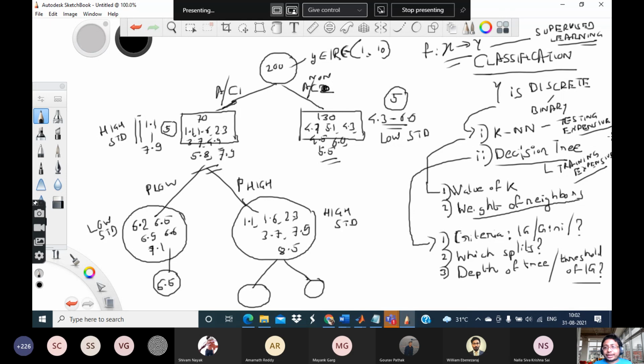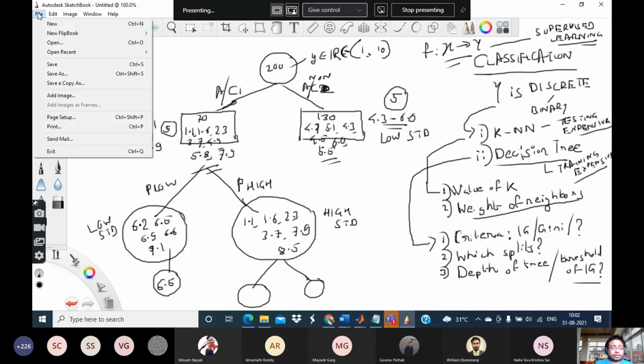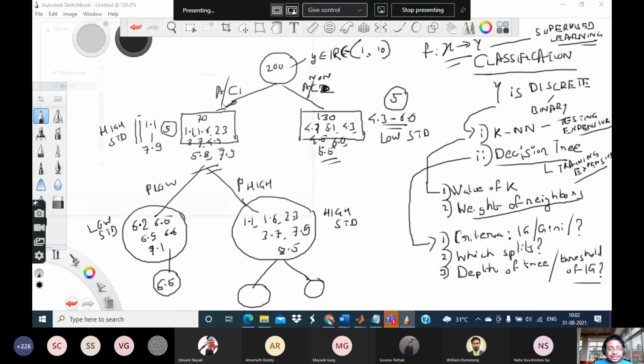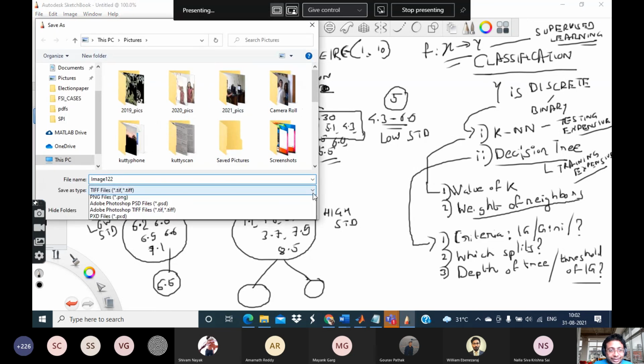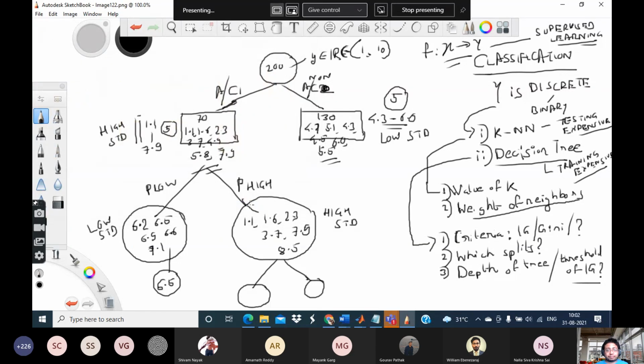And we also saw how the decision tree can be generalized to regression also. So from next class we will see how to do regression. We will see some specific examples from regression in the next class.